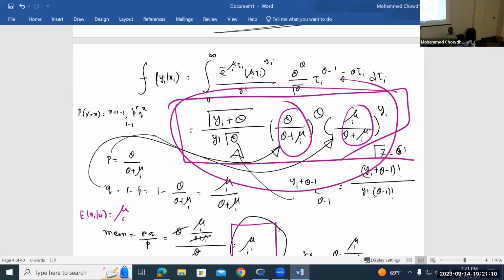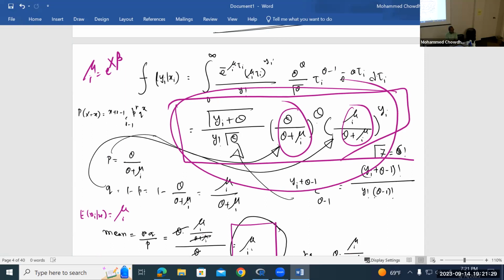Because in that likelihood function, in that distribution, we have a mu. On that mu I, we can write e to the power x beta. So e to the power x beta is now what you are considering in the mu parameter.